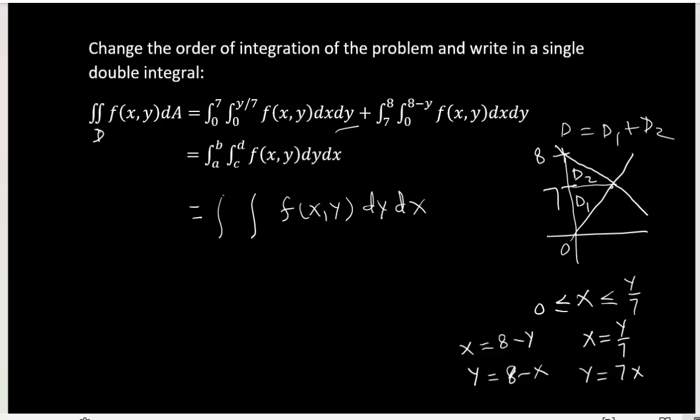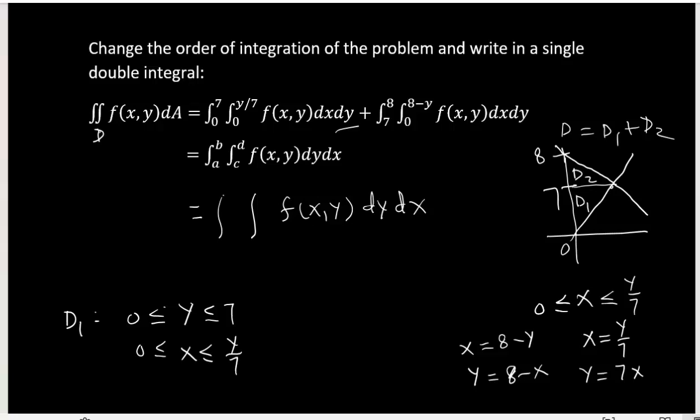Okay, so now let me write it in a clearer way. The D1 limit gives me 0 less than or equal to y less than or equal to 7, as you see there on dy. And then the x limit is going from 0 to y over 7, right?